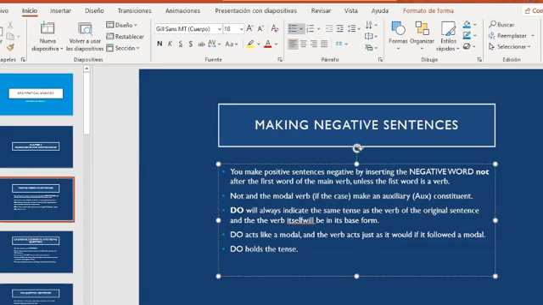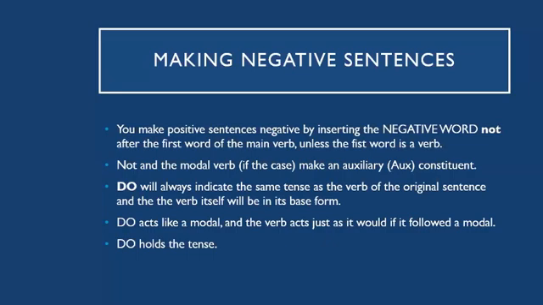And the verb itself will be in its base form. So far, so good, right? When you have the auxiliary do, the verb is in the base form, in infinitive form. Do acts like a modal, and the verb acts just like it would if it followed a modal. In that case, do holds the tense.